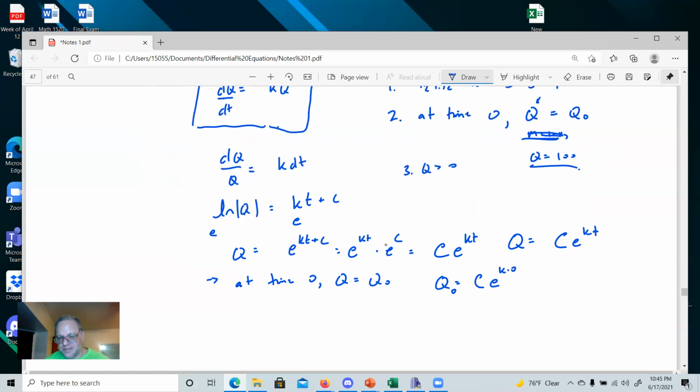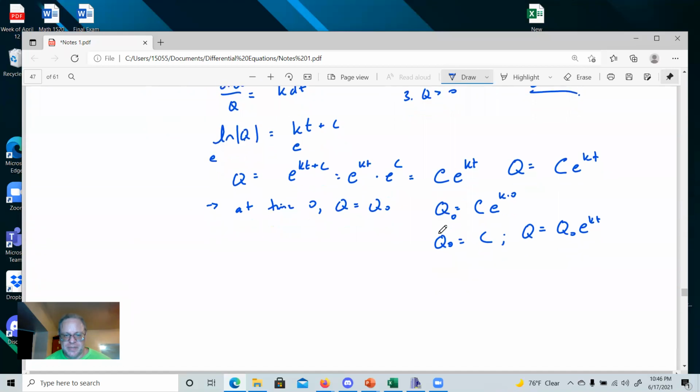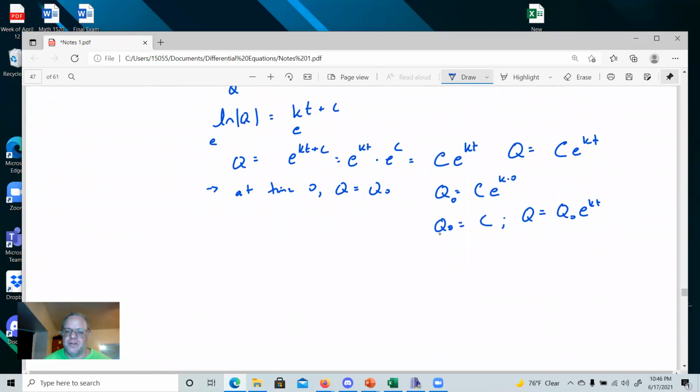This is just 1, isn't it, right? E to the 0 is just 1, so q0 was equal to c. So, again, put a little refinement on here, q0 e to the kt. You could use whatever letter you'd like here, by the way. Okay, a for amount is fine, q for quantity. Okay, so there's our equation here.